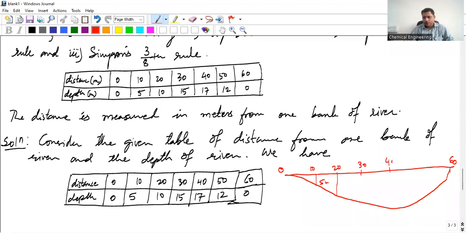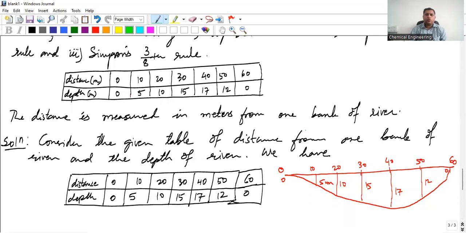At 10 it is going to be 5 meters, at 20 it is 10 meters, at 30 it is 15 meters, at 40 it will be 17, at 50 it will be 12, and at 60 again it is going to be 0.